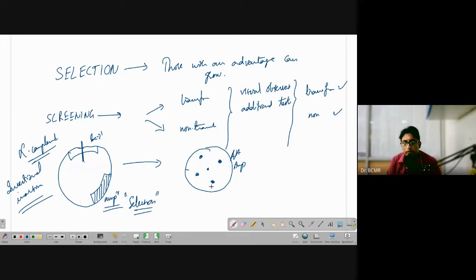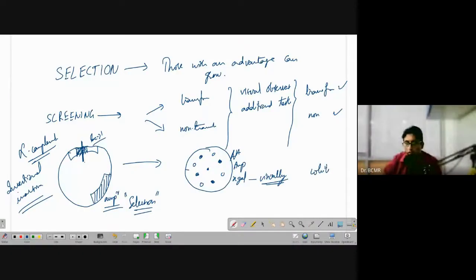And if you have done this on X-gal, you can figure out what is a recombinant from a non-recombinant visually, by looking at the color of the colonies, right? If it is a recombinant, the colonies would look white.